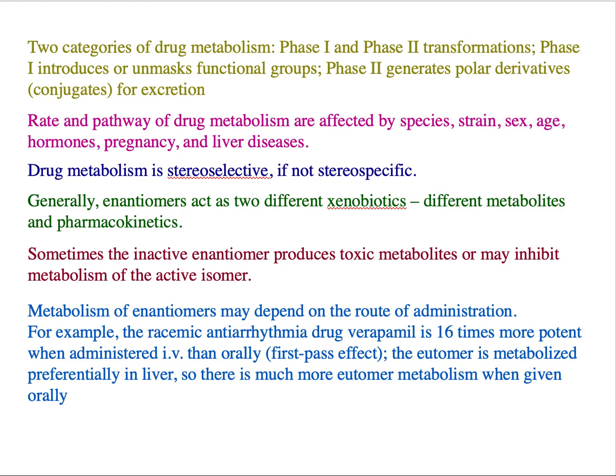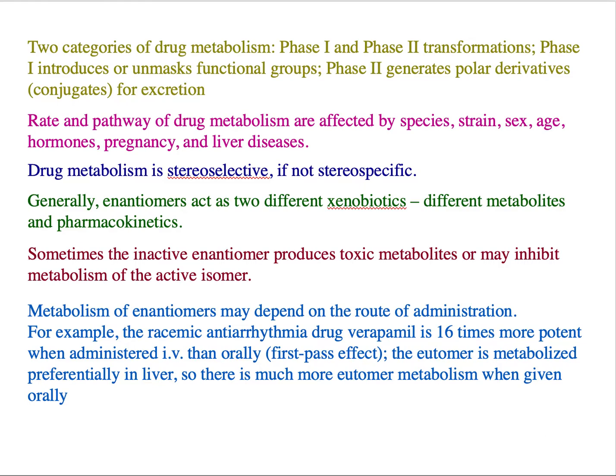So both of them don't necessarily have to happen to the same molecule. We're going to talk about some molecules that go all the way to phase two, and there are a lot of molecules that do. So basically, phase one introduces functional groups, and phase two makes conjugates that are very excretable because they become very polar, which means they're very water soluble, which means they're going to want to stay in a water solvent, which includes urine.